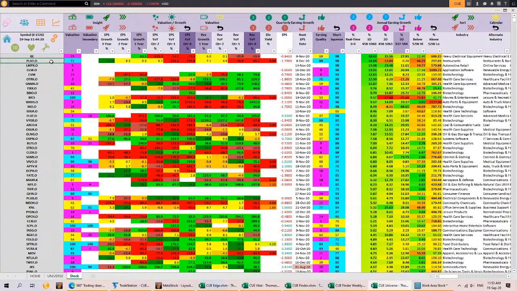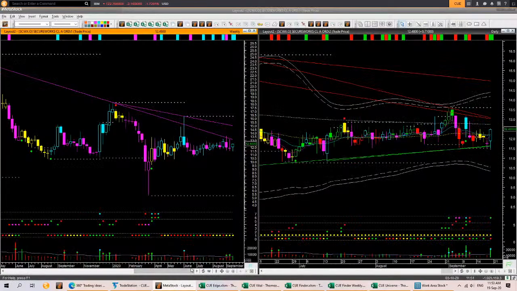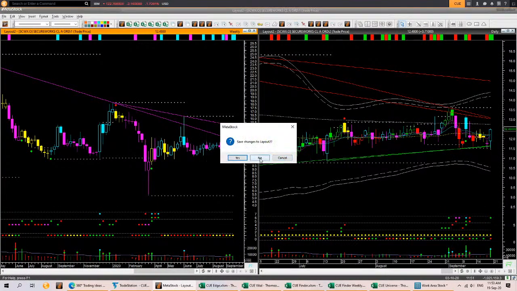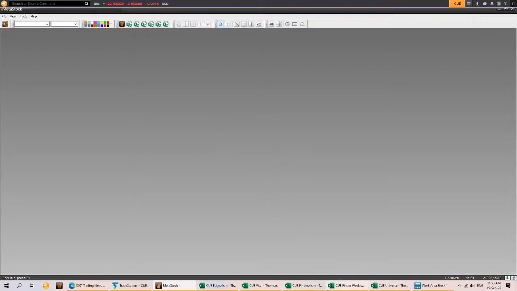The first one, BE, went up, but it was not having good valuation or good earnings growth. I could look at PLAY. So let's look at PLAY. Why not? Let me clear the MetaStock charts, Q Global charts. Come back to Q Universe.